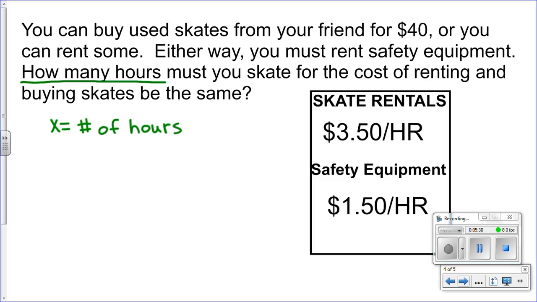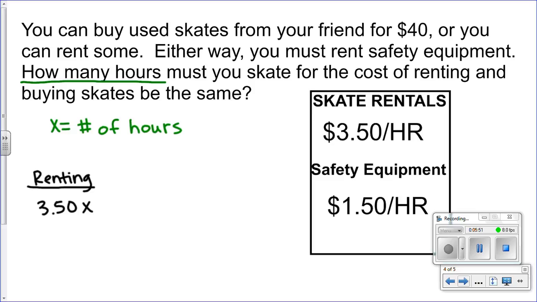So let's first look at renting skates. It's $3.50 per hour, so that's 3.50x because it changes per hour.